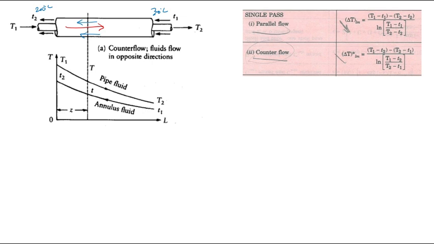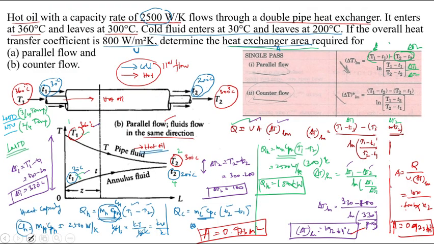The hot fluid enters at a temperature of 360 degrees Celsius and leaves at a temperature of 300 degrees Celsius. In the previous class I made some mistake. Oh, it's correct.